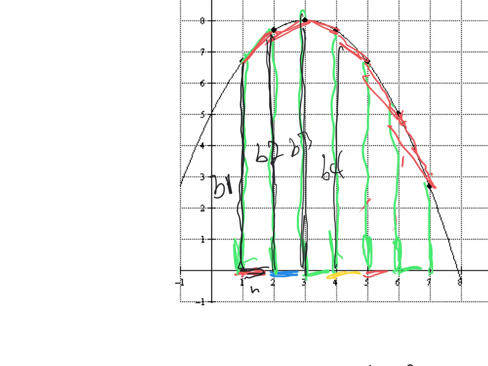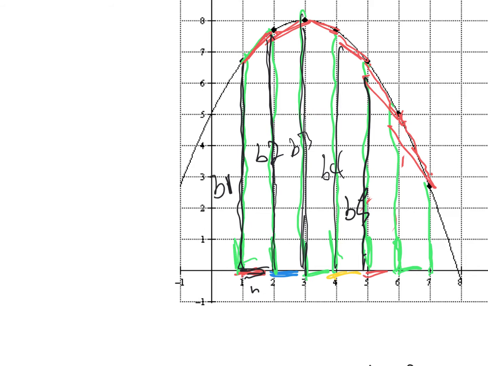So now I'm going to do my fourth one, realizing this is base 4. Base 5. That's my fourth trapezoid. So A4, the fourth trapezoid, is the 1/2, the height of that trapezoid, which is really the width at the bottom. It's the width on the x-axis times B4 plus B5.